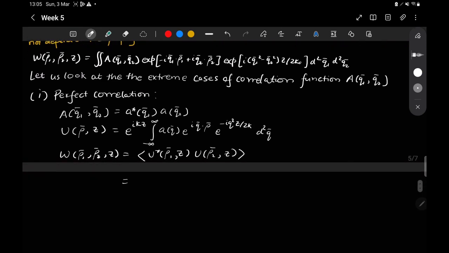So if we plug in this particular expression, it will become the following.